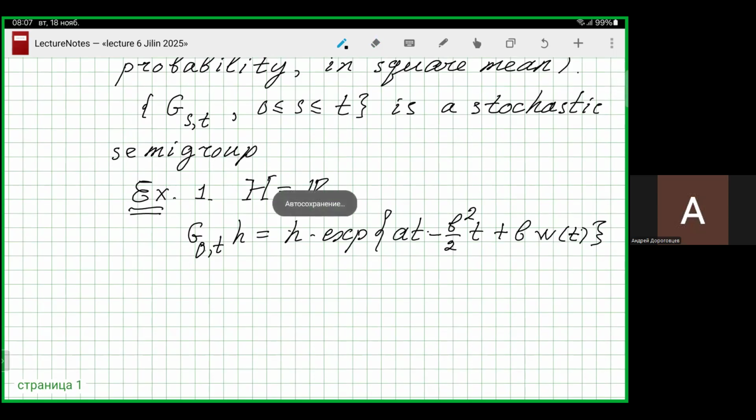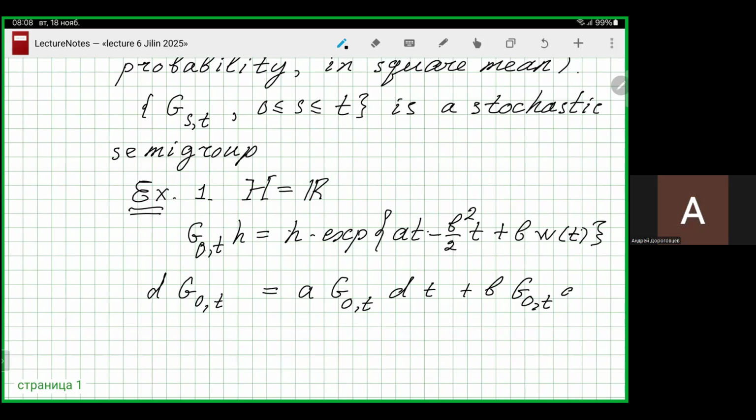But not always stochastic semigroups have such good structure. But still, we have a hope that, as in this case, we have an equation dJ_{0T} is equal to A J_{0T} dt plus B J_{0T} dW_t.